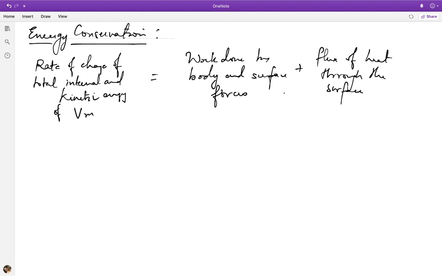So for the first term, we already know the expressions for body and surface forces. By taking the dot product of those forces with the velocity, we will naturally obtain the work done. So this term is not a problem to write down. The fluxes of heat through the surface, by this we mean non-continuum effects associated with the diffusion, let's say, of molecules that are able to transport heat from one region of the fluid to the other.